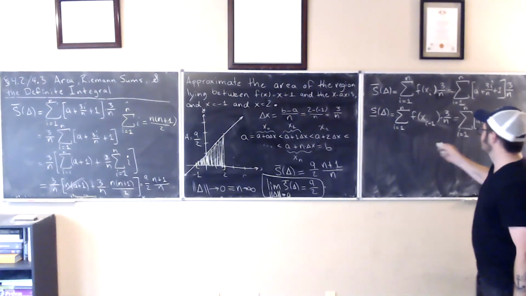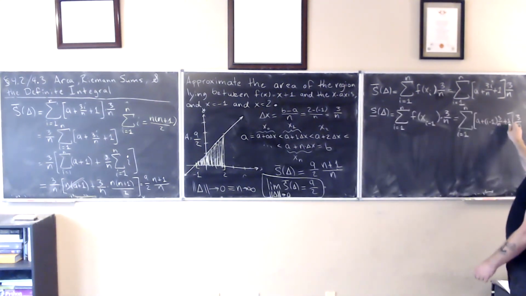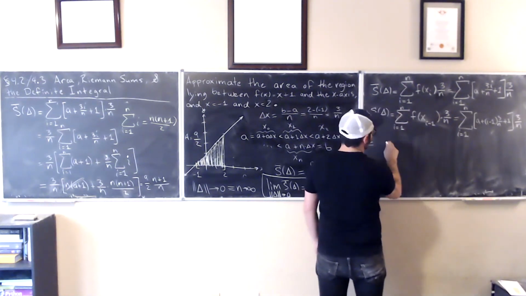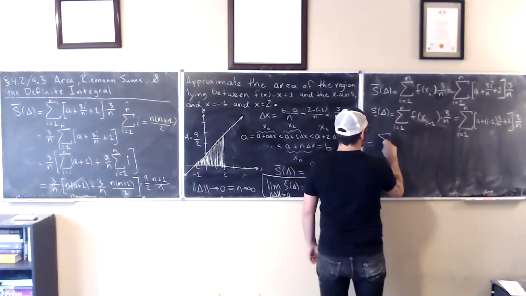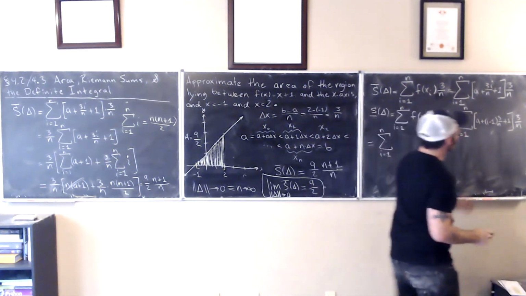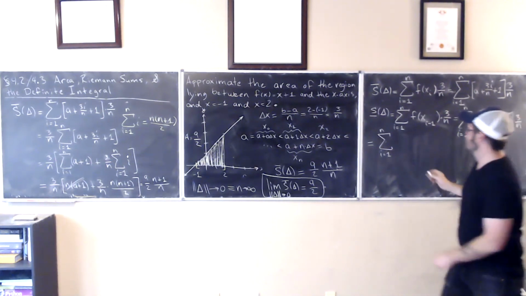I might as well show you what that equals. So again, a is -1, that's a 1, so those go away. So the lower sum here is going to be that plus that is 0, and then 3 over n times that.